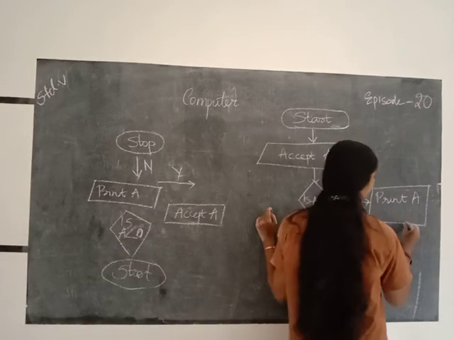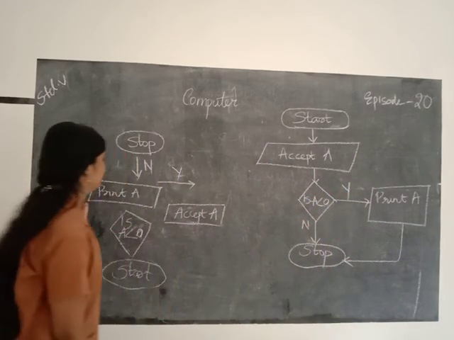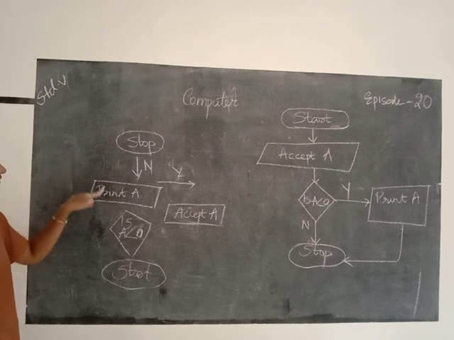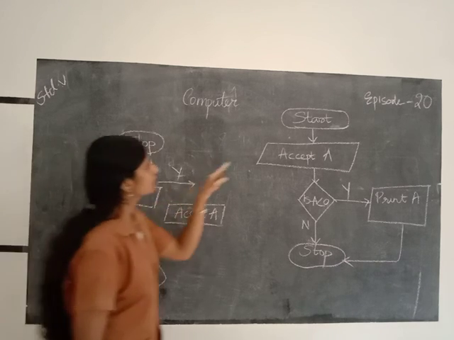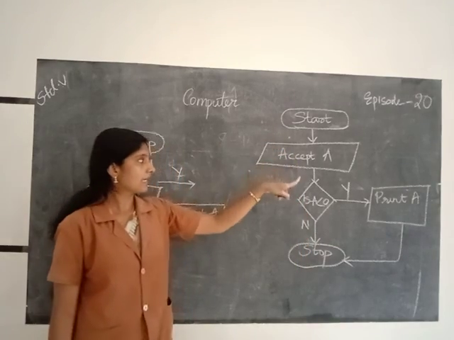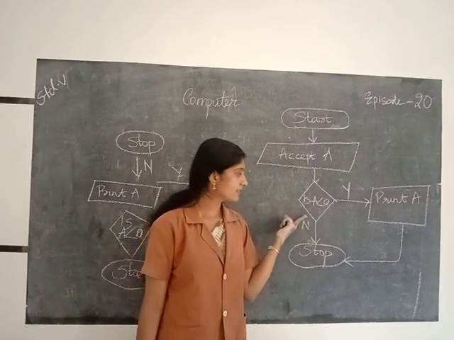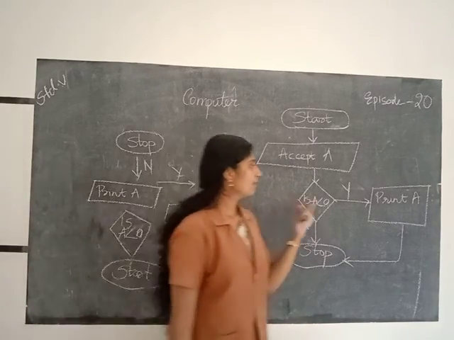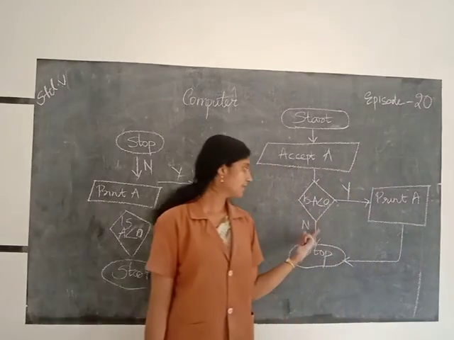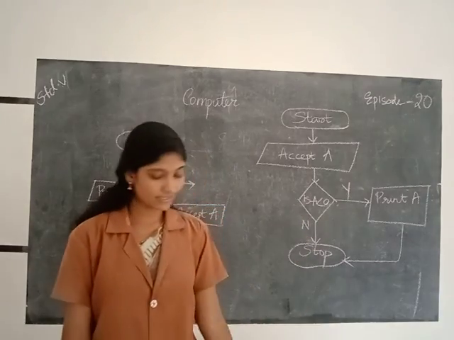Then we can connect print A to the stop. Okay, once again: start, then accept A, then is A less than 0, then if the condition is true, print A. Then if the condition is false, go to stop. So here is the correct flowchart.